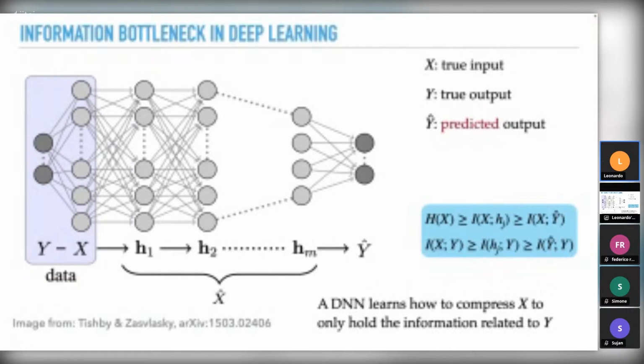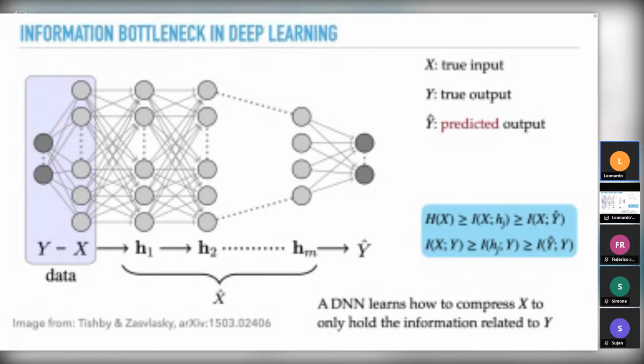Now, you can view this using information theory. When your information propagates through the network, you can see this as a kind of Markov chain. Every time you are losing some information about the input. Clearly the neural network cannot give you details that are not in the model. So the entropy of X is actually bigger than the information between this layer and X. You're always losing information while going in this direction.